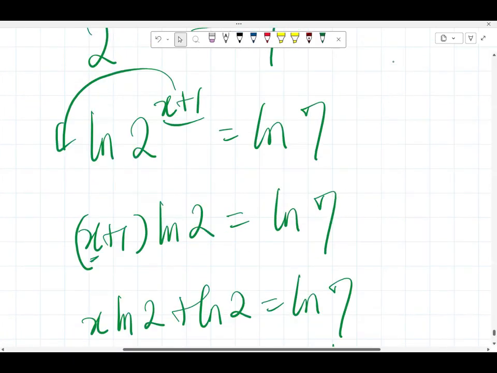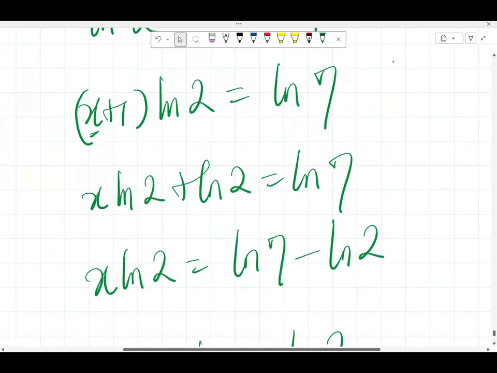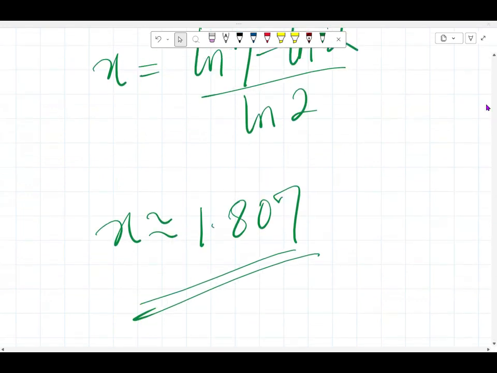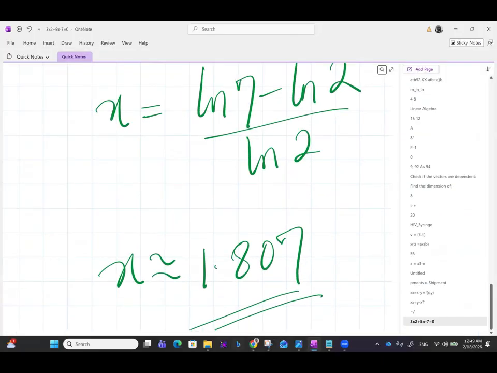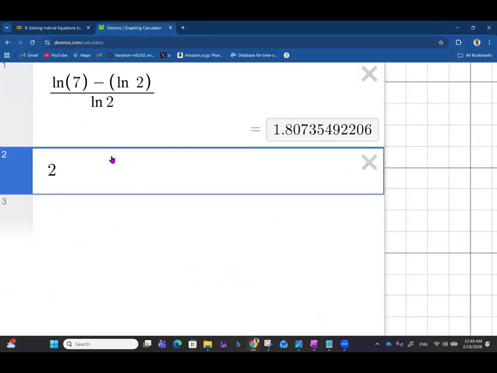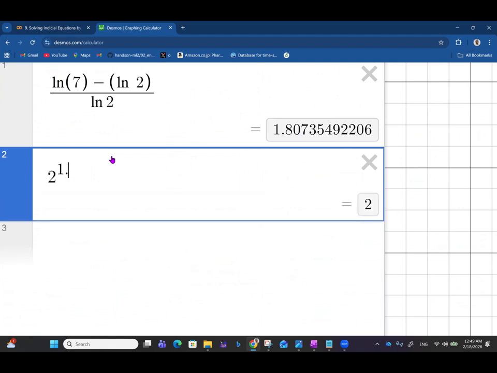It's harder to check in this case, but we can always check, right? Just try 2 raised to the power 1.807. Is it close to 7? So that's how to check using your calculator. Let's try 2 raised to the power 1.807. Oh, what's that again?